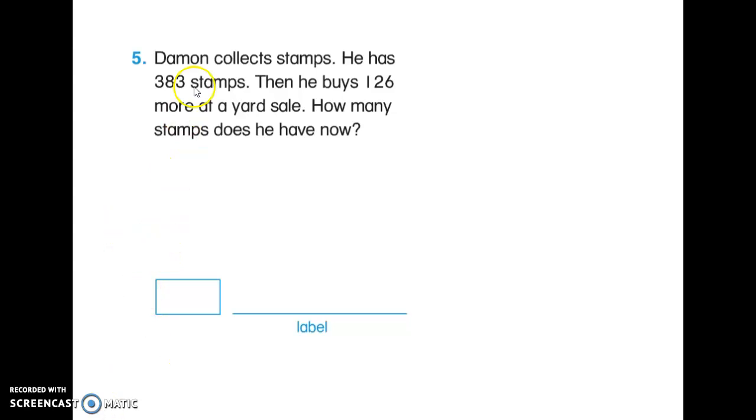So this first one, Damon collects stamps. He has 383 stamps, then he buys 126 more at a yard sale. How many stamps does he have now? So a reminder, look through your word problem, see what clues it can tell you. You want to circle your numbers.